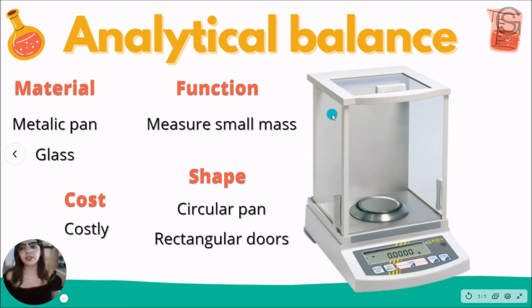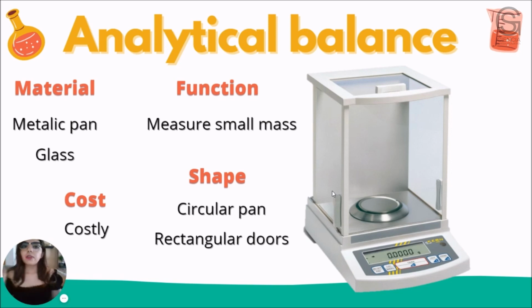And then the material, as you can see, this circular pen is metallic, and the doors are made of glass, okay? And as this is an object mainly for laboratory purposes, it will be costly, okay? That is a synonym of expensive.